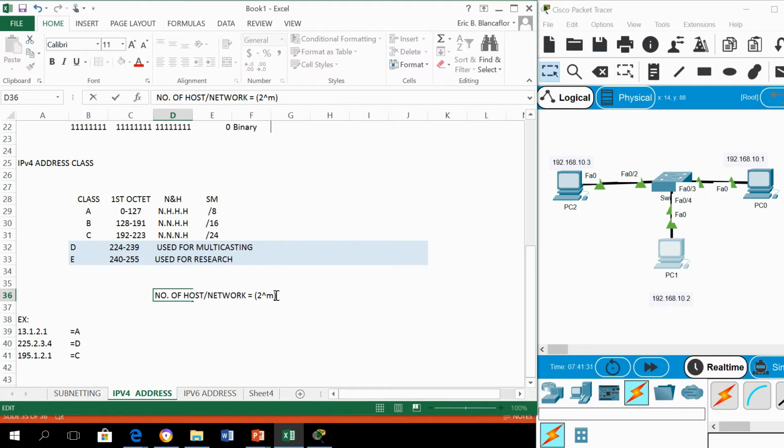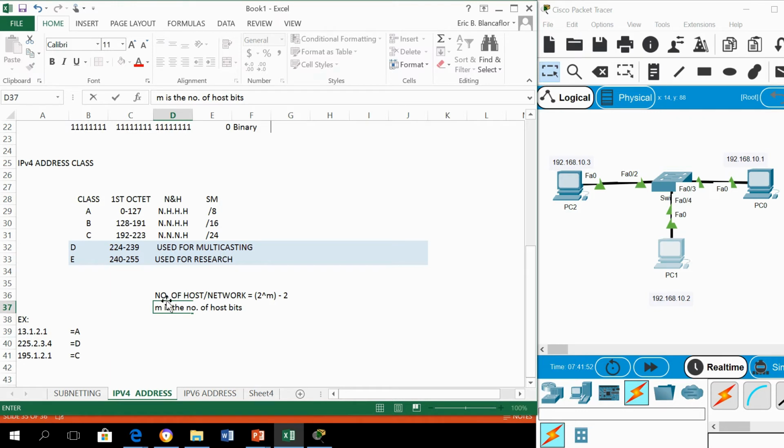I suppose you know what this means, it means exponent. That's 2 raised to m minus 2, where m is the number of host bits.